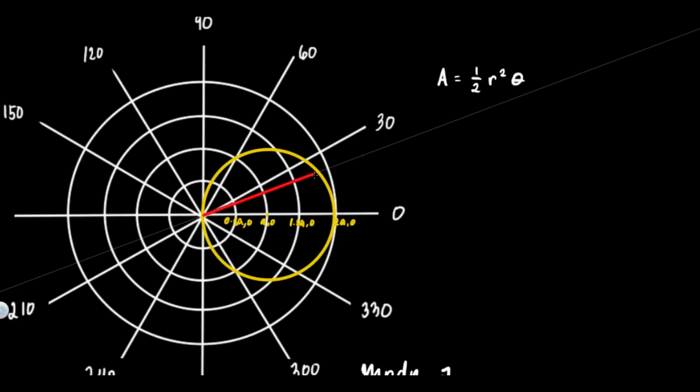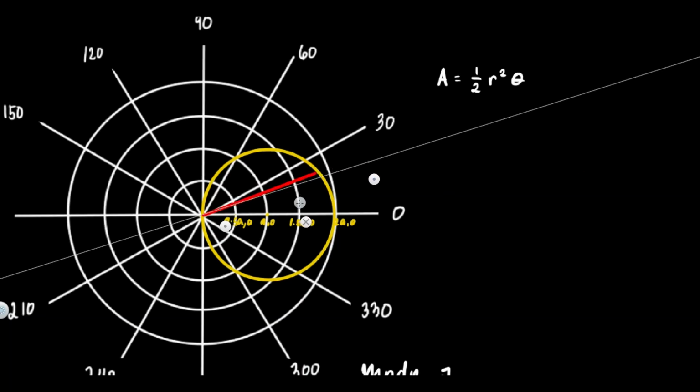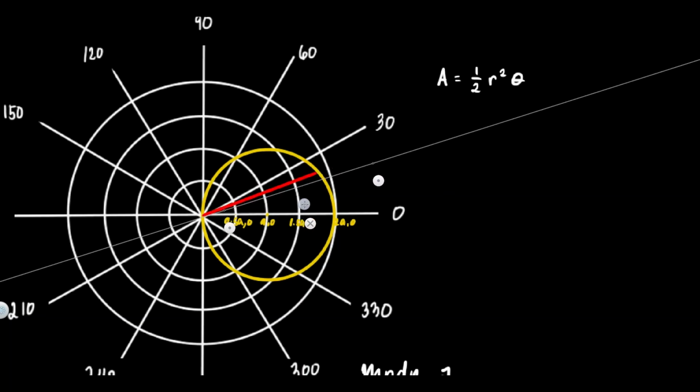So, kuha tayo ng sector, and remember that this sector is infinitesimally small. Maliit lang yan. Sector yan, okay? So, ito will be yung ating d theta. And of course, this is r.